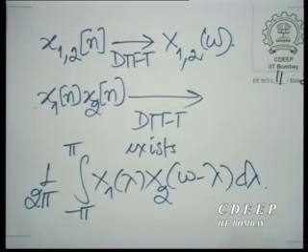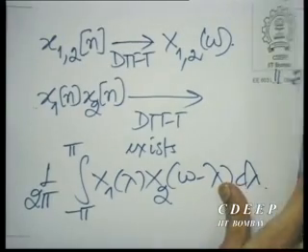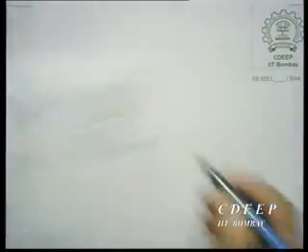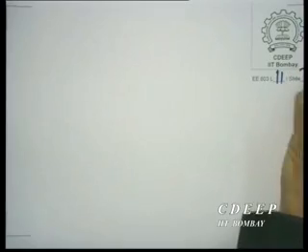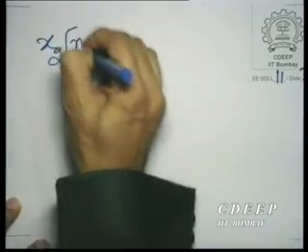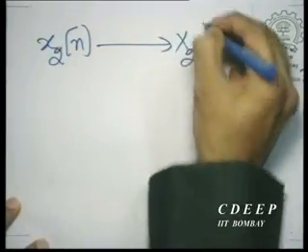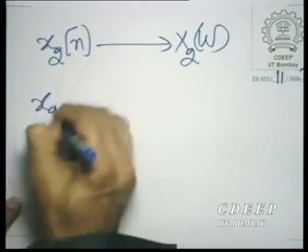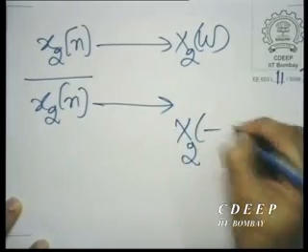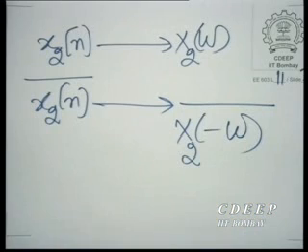Now let's in particular take x2 complex conjugate [n]. You see? So if x2[n] has the DTFT capital X2(ω), what is the DTFT of x2 complex conjugate [n]? We know what it is. It's X2(−ω) complex conjugate.